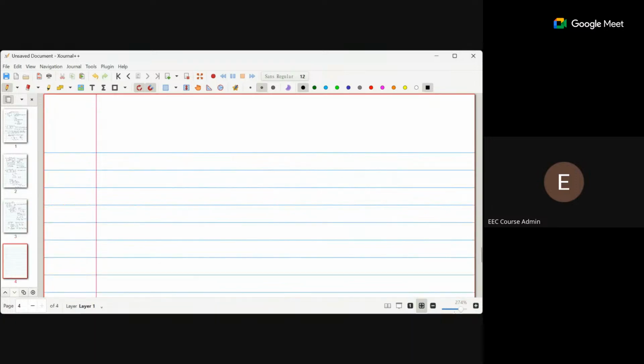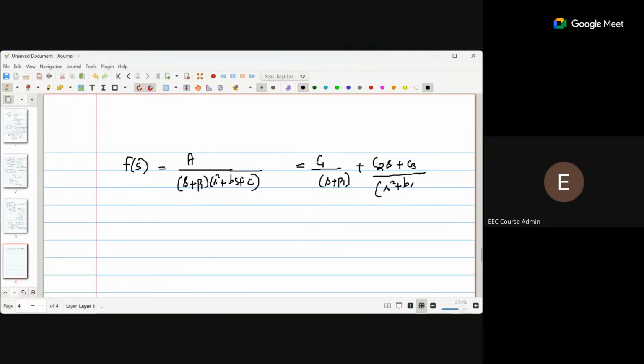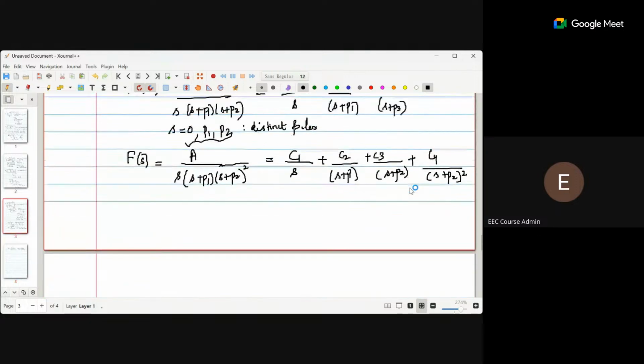And if one of the terms in the denominator is not factorizable, like S square plus BS plus C, then it will be of the form C1 by S plus P1 plus C2S plus C3 by S square plus BS plus C. So this is just for your information.